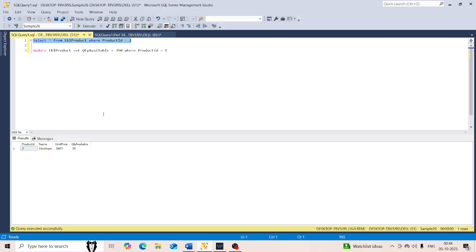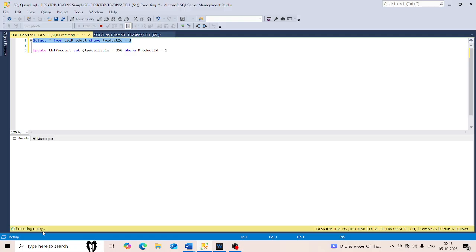But then when I try to get the row with ID equal to 1, that is being updated by the other transaction in the other connection window, it says executing query.